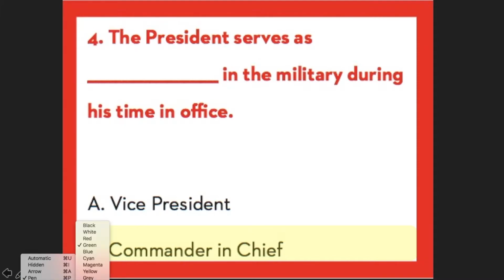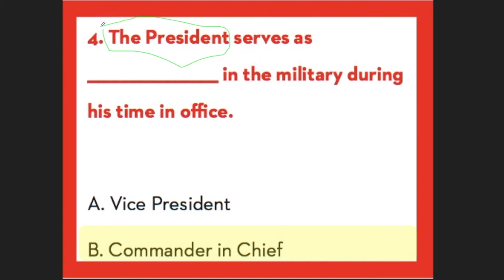So let's go ahead and look at some of the clues that could lead us towards this answer. And that would be, we're looking at the president, okay? So if you are president, are you also a vice president? No. Someone else acts as vice president.